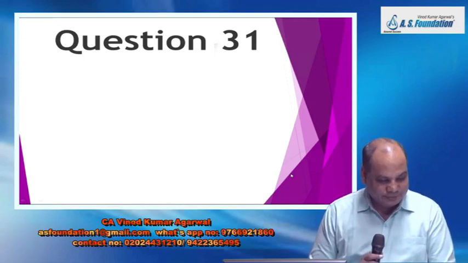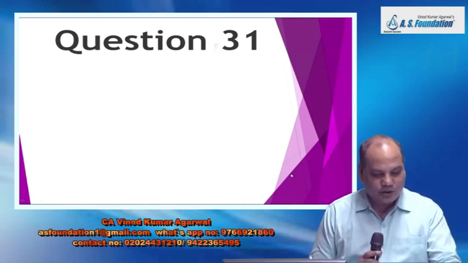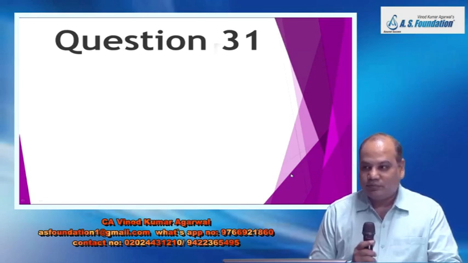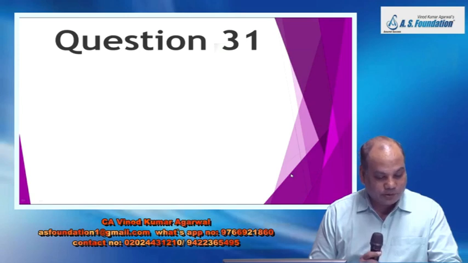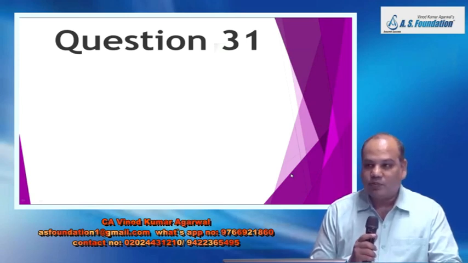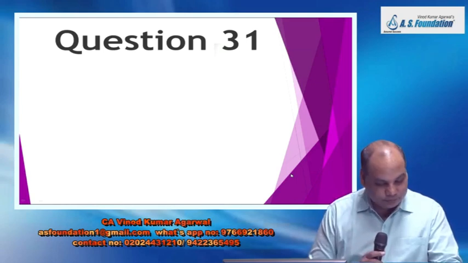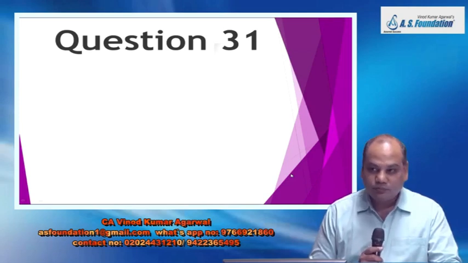Tick mark revenue 1 tick and cost of sales 2 ticks. Why 2 ticks? One for elimination of purchases and one for elimination of unrealized profit on the stock. How much is the unrealized profit on the stock? 20% of the goods have been sold, means 80% has not been sold.